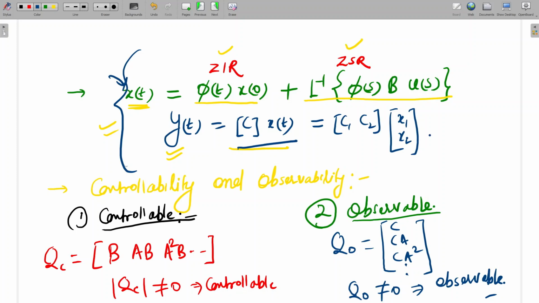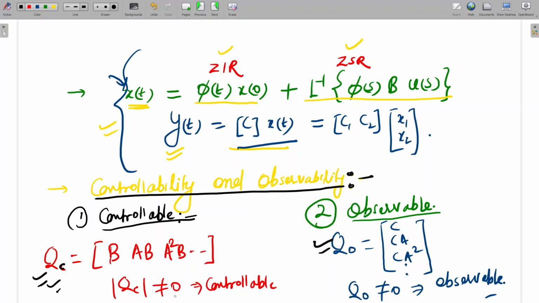Now the next topic is checking the controllability and observability of the given state system. We write the controllable matrix and the observable matrix. The controllable matrix is B, AB, A square B, and the observable matrix is C, CA, CA square.